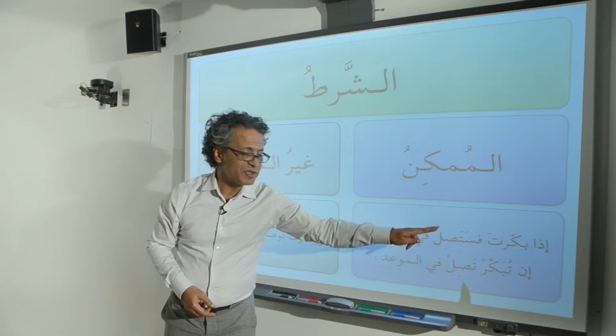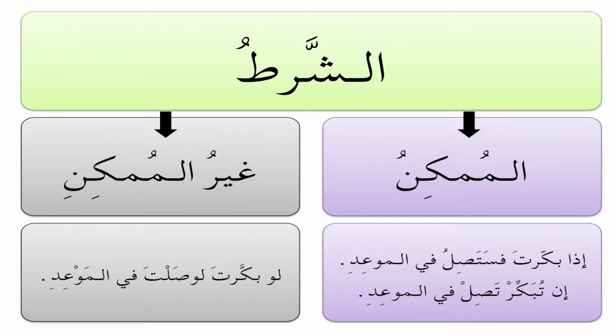So despite the difference of tenses in both of these cases, what you're saying, this is possible. If you start off early, you will arrive on time. لو بكرت لوصلت في الموعد. So now we're using لو, it means had you started off early, you would have been on time. So this is an impossible conditional.